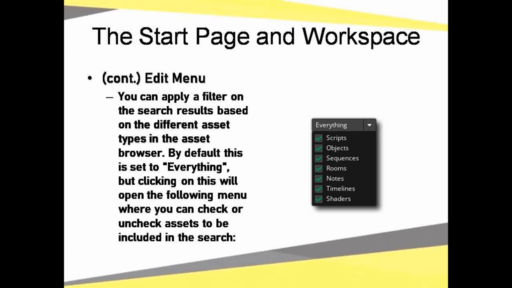Because it will be searching on all of the assets or resources that are available to the GameMaker file, you can specify which part of the GameMaker project. If you know that it is in a script, in an object, or in the notes, which are shown on the PowerPoint presentation, you can already specify it there so that your searches are faster and unnecessary results do not show up as well.